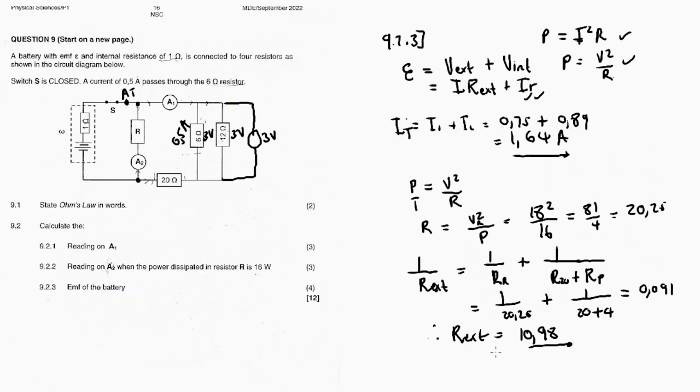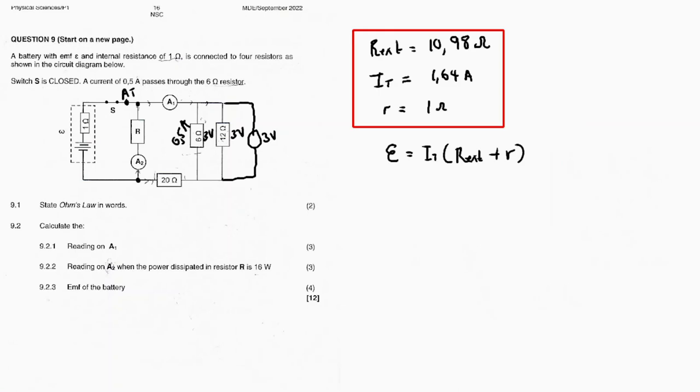Okay, now here is the summary of the values calculated. I total is 1.64. External resistance is 10.98. Internal resistance is 1. Now, EMF is equal to 1.64 multiplied by R external, 10.98, plus internal resistance 1.